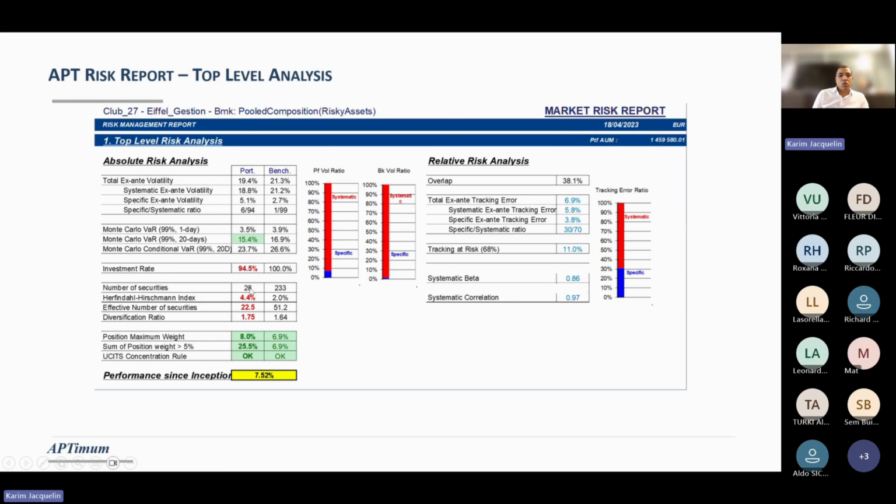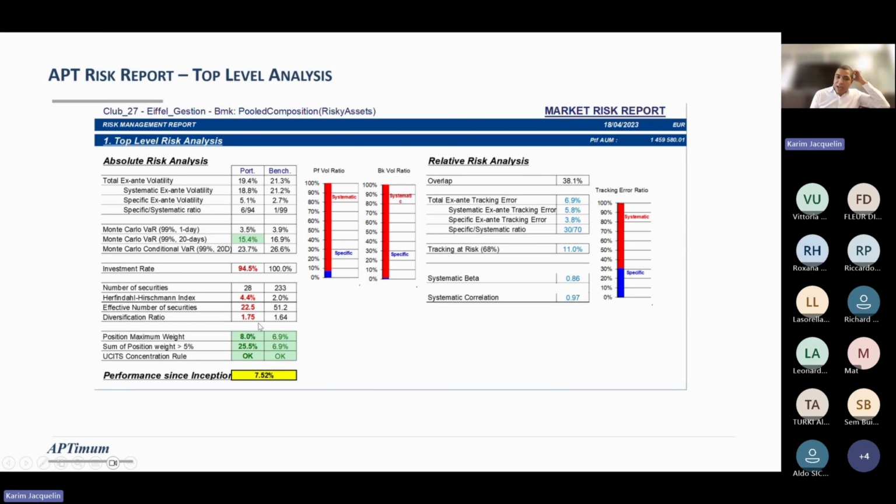So that's why it's useful not only to monitor the number of securities, but more importantly, you should monitor the effective number of securities. And it's quite interesting because here you can see that the benchmark has more than 200 securities, but the effective number of securities is 51.